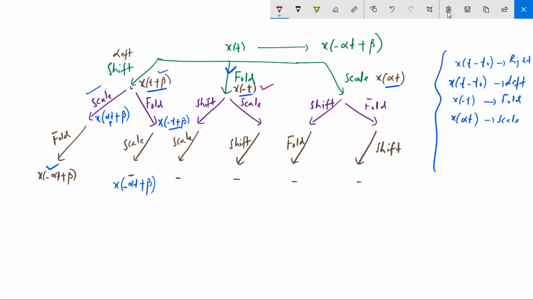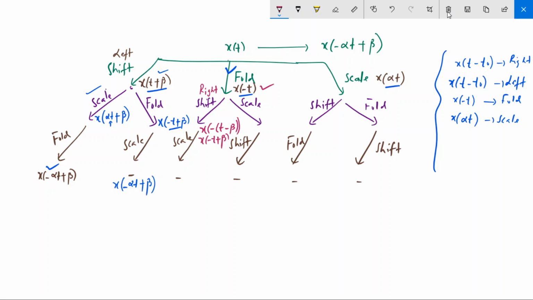So it means now in the shifting operation, your t becomes t minus beta or t plus beta, and since I have to get plus beta here, it should be t minus beta, so that I get x of minus t plus beta. It means what is the nature of shift here? It is t minus beta. Okay, so it is a left shift here. Sorry, not left shift. It is a right shift.